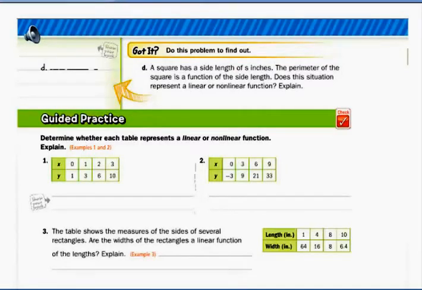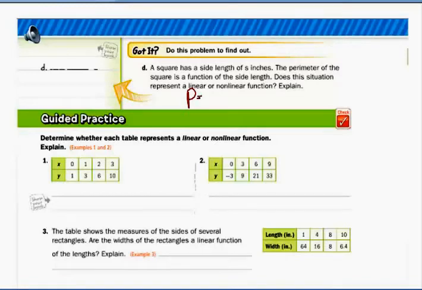Back with me. A square has a side length of s inches. The perimeter of a square is a function of the side length. Does this situation represent a linear or nonlinear function? Explain. Okay, so you can come at this a couple different angles. If you want to think of it as an equation, how do you get the perimeter of anything?